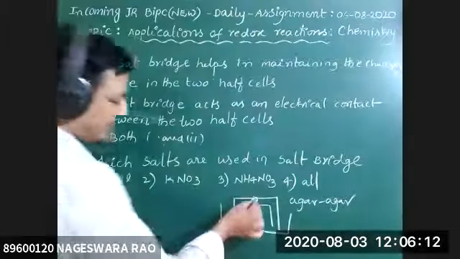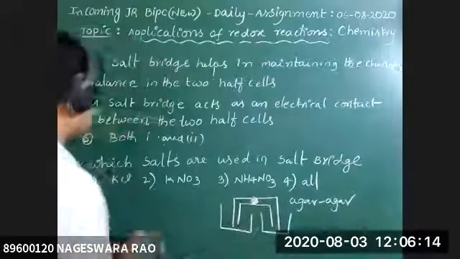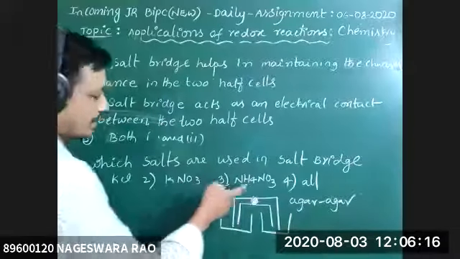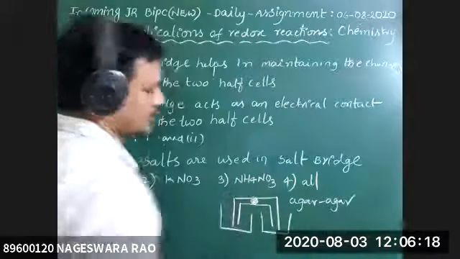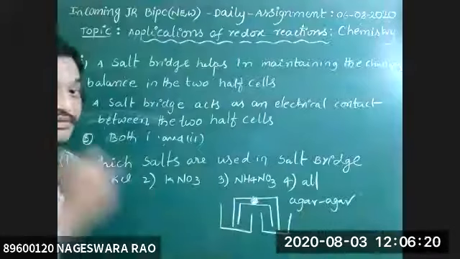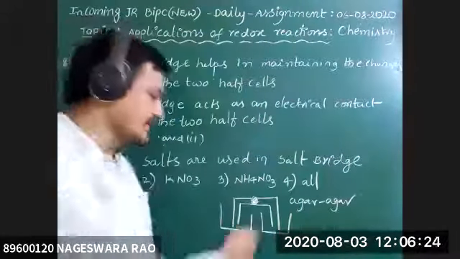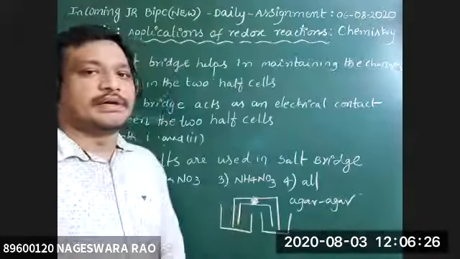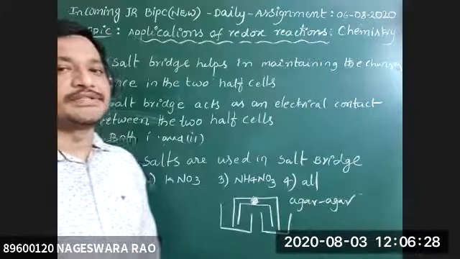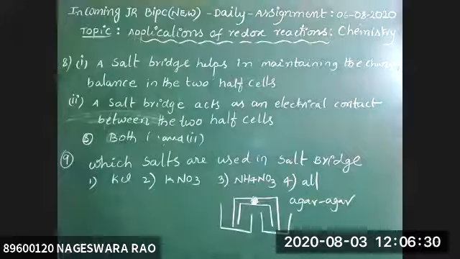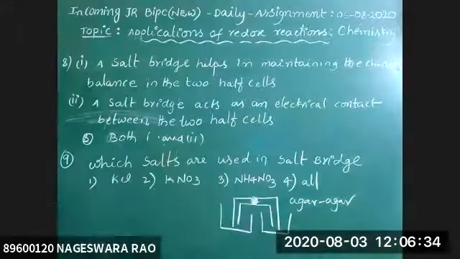And in the solution, some electrolytes are there, KCl or KNO3 or NH4NO3, that are inactive electrolytes, not interacting with the electrolytes in the cell. They are used to maintain the charge balance. So why is this type of salt used in a salt bridge? Only these salts are used in a salt bridge.